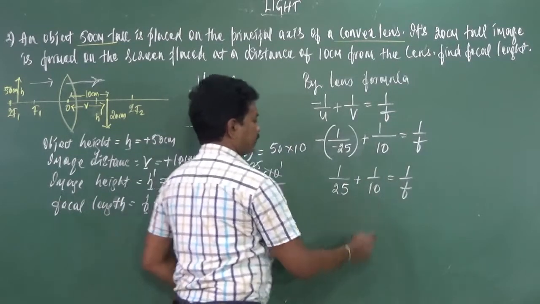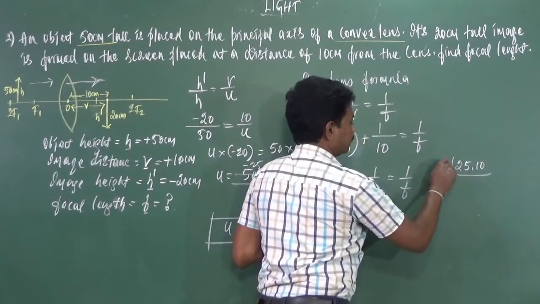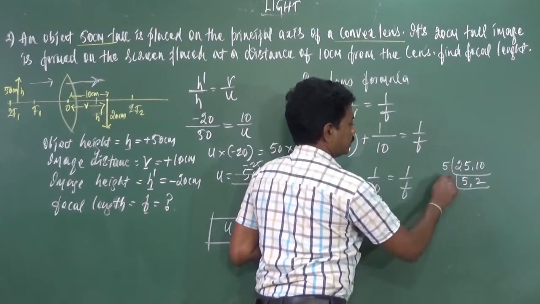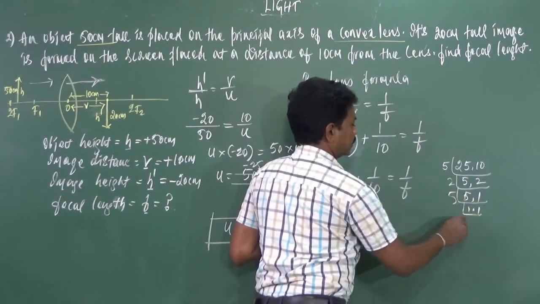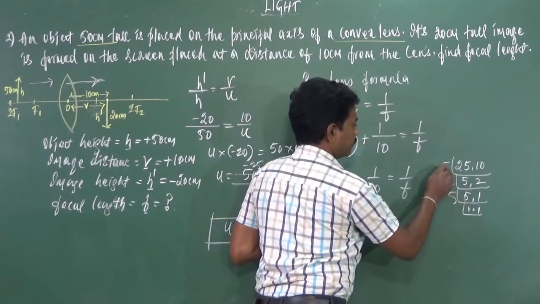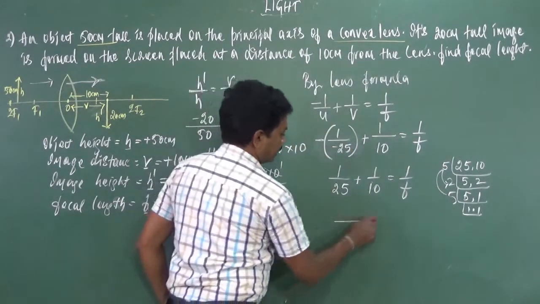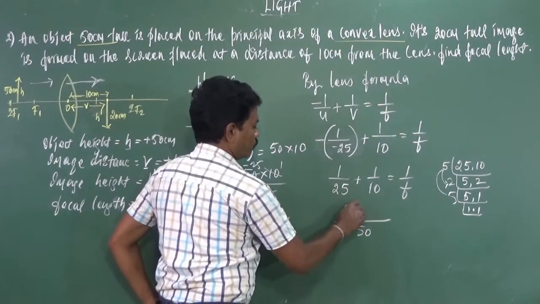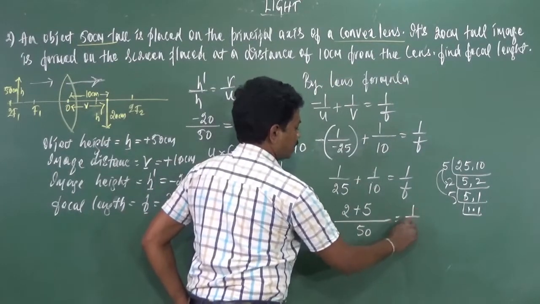For 25 and 10 we have to take the LCM. Take 5: 5 fives are 25, 5 twos are 10. 25 into 2 is 50. So for 25 and 10, LCM is 50. So 1 by 25 into 50 is 2, plus 1 by 10 into 50 is 5, is equal to 1 by f.